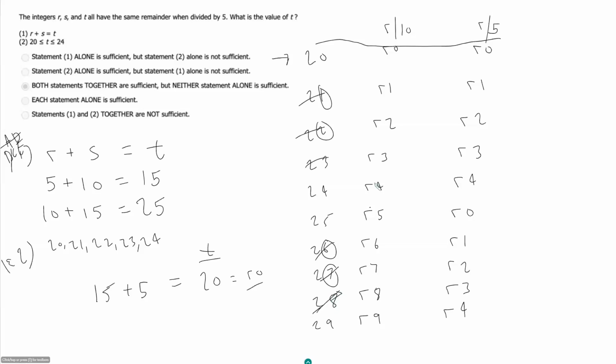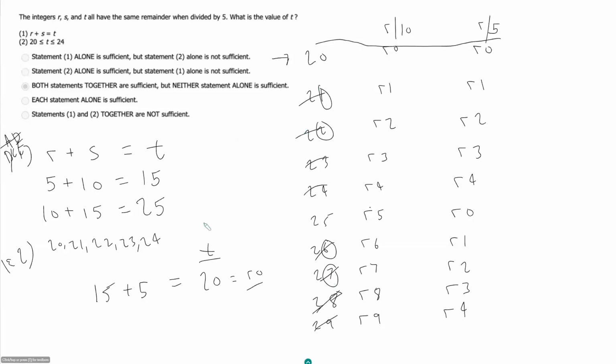And then the only other option I'm left with is remainder 4. So I'm looking for only 4s or 9s here now. 4 plus 4 is 8, though. 4 plus 9 is 3, so that doesn't work. 9 plus 9 is 1, so that doesn't work. And so I cannot have two numbers with a remainder 4 add to get to some other number with a remainder 4, certainly not within this range.